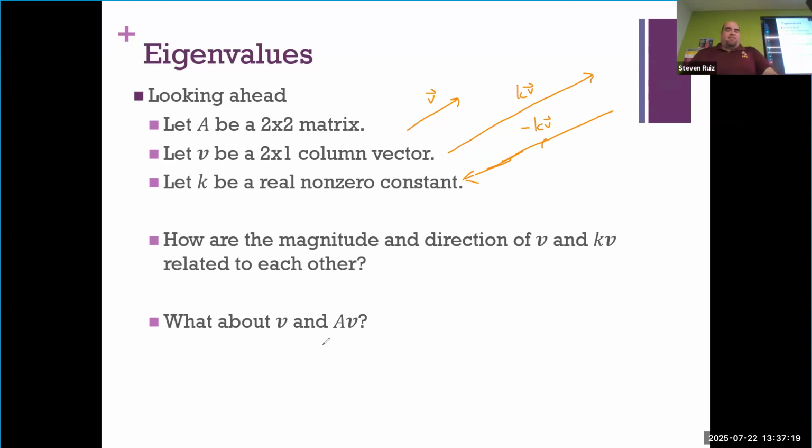What about if I take a vector V, so V1, V2, and I multiply it by some matrix A on the left? Will the magnitude stay the same necessarily?